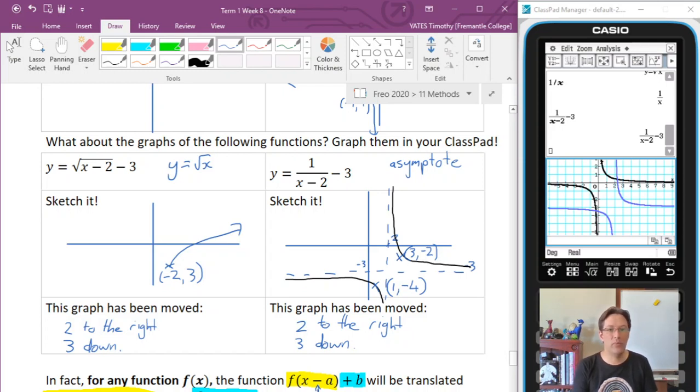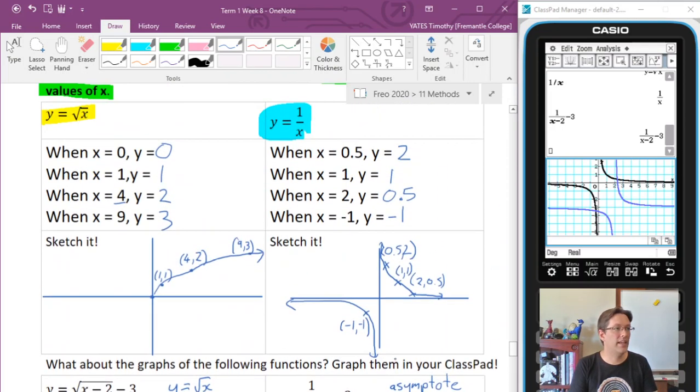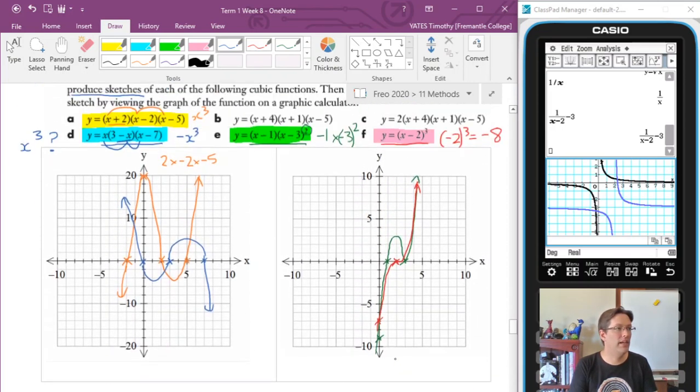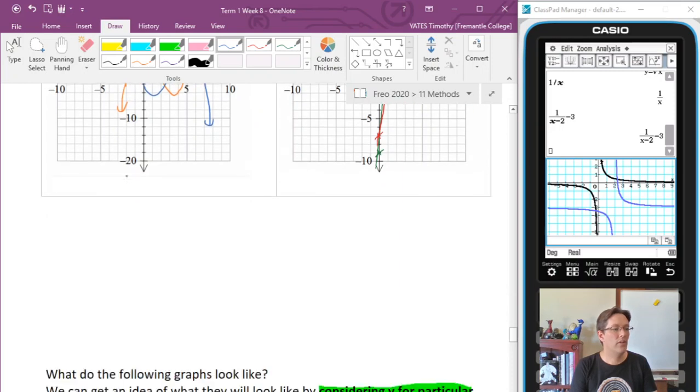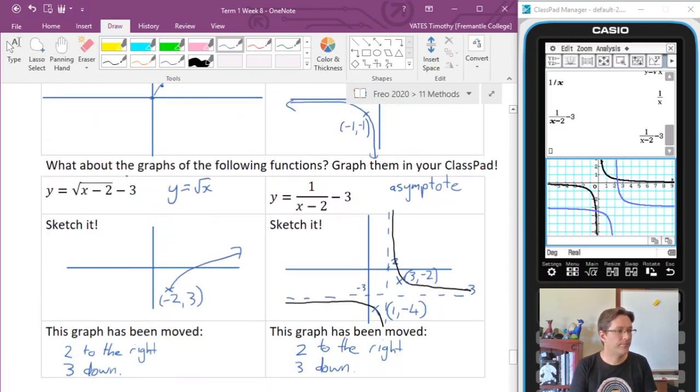By adding it, we will be moving it to the left, which is the negative direction. But when we add our number, we move it up, which is the positive direction, and when we subtract it, we move it down, which is the negative direction. It's a bit the opposite of what you may expect, just like when we were finding our x-intercepts up here, we actually had to take the negative x value to work out what the x-intercept actually needed to be. So it works in the same way.